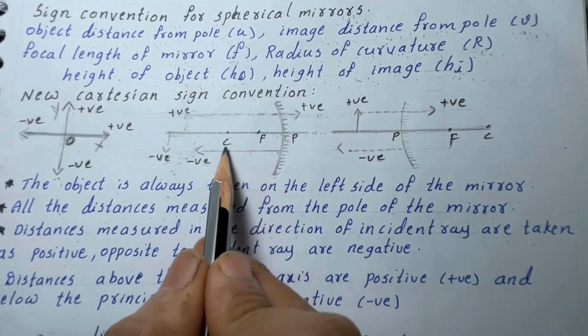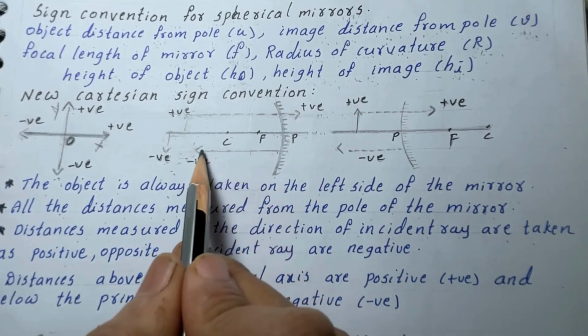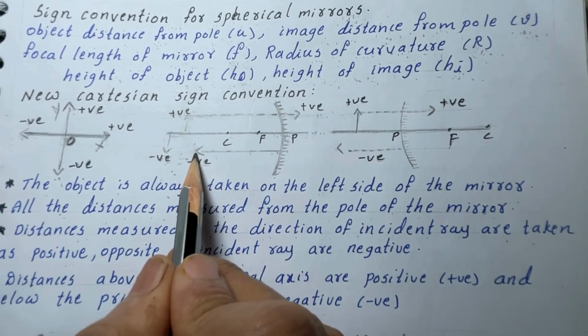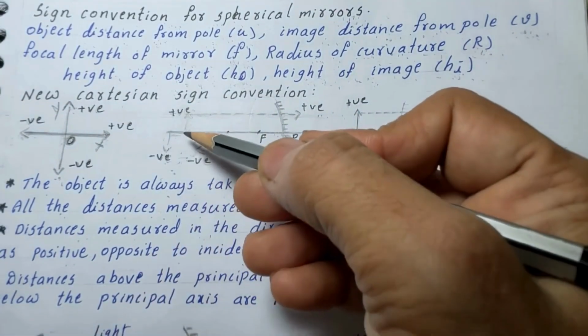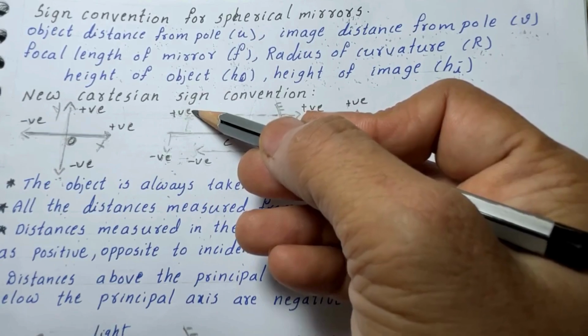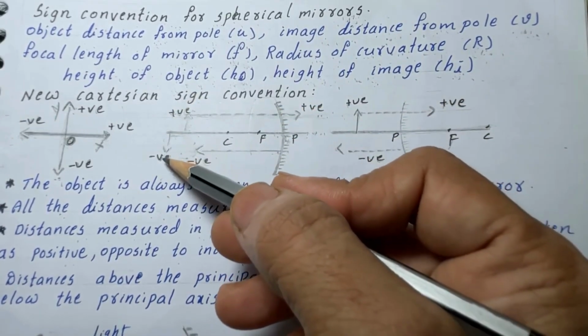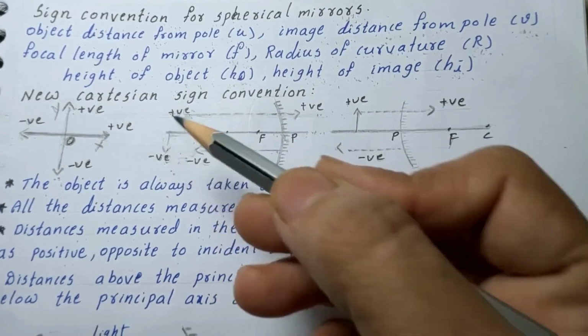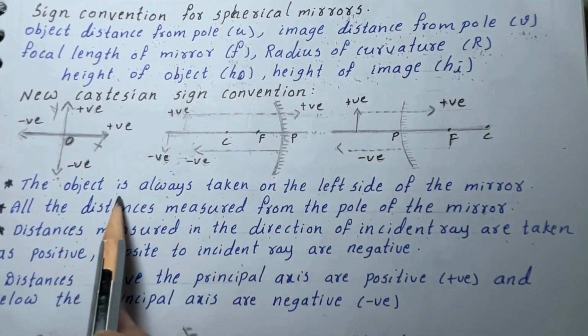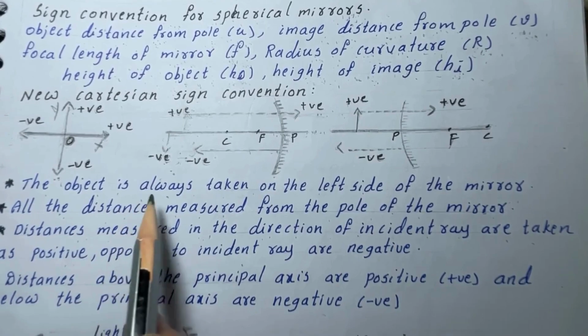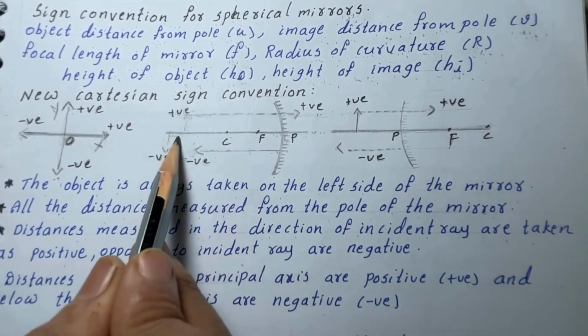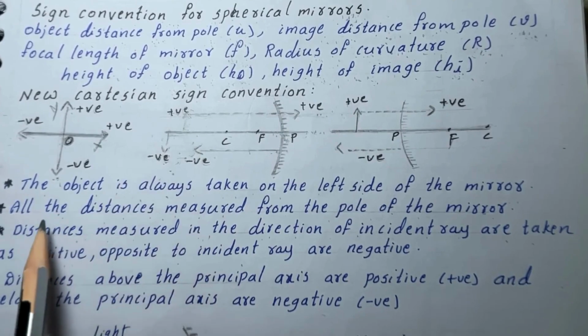Opposite to the incident ray, that is the left hand side direction of the origin, is taken as negative. Above the principal axis is positive and below the principal axis is negative. That is, the object is always taken on the left side of the mirror.